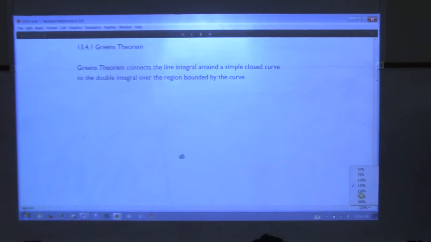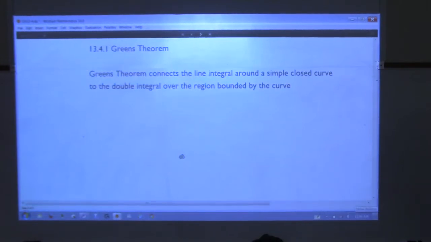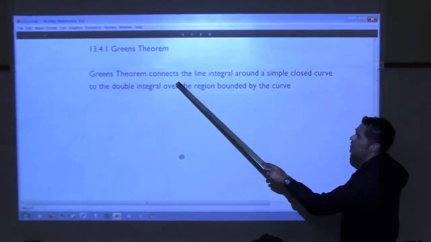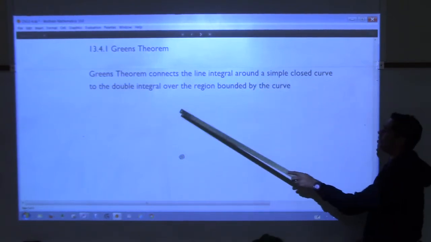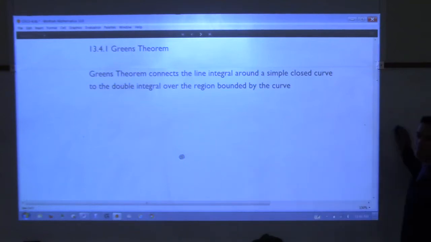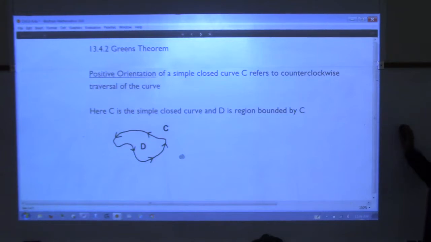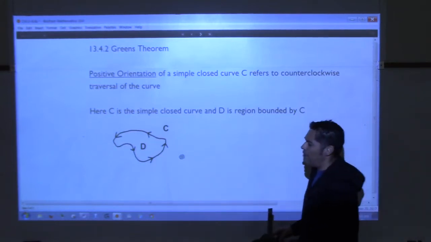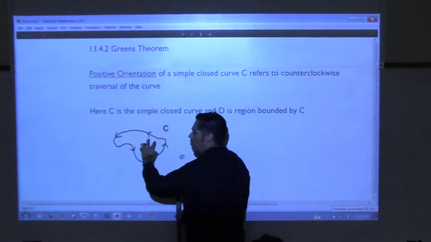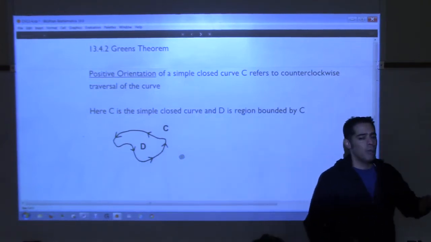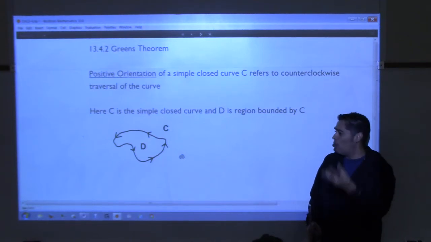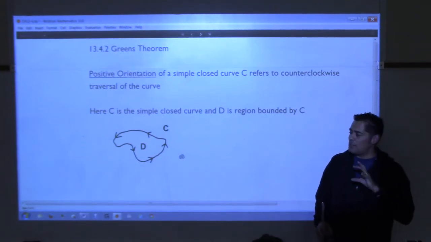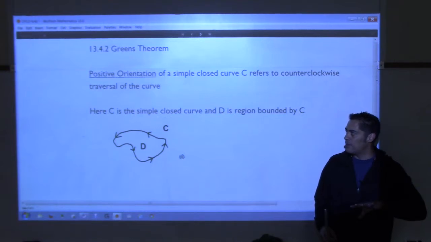So Green's theorem is a theorem that connects the line integral around a simple closed curve to the double integral over the region bounded by the curve. In other words, if we have a region D, when we first started doing double integrals, we had rectangular regions, then type 1 regions, type 2 regions, polar regions. We did all these types of two-dimensional regions.